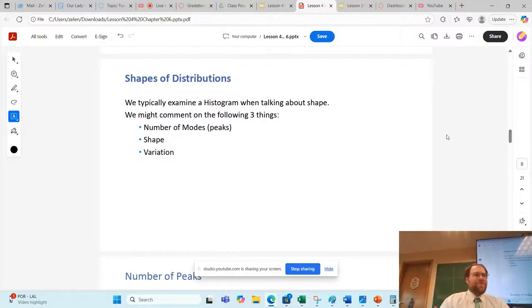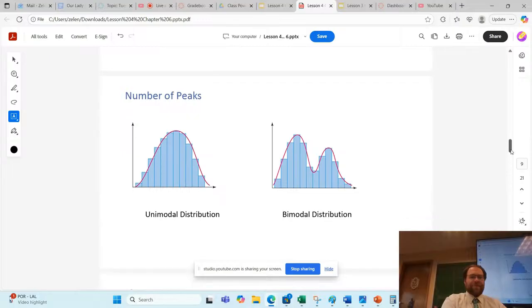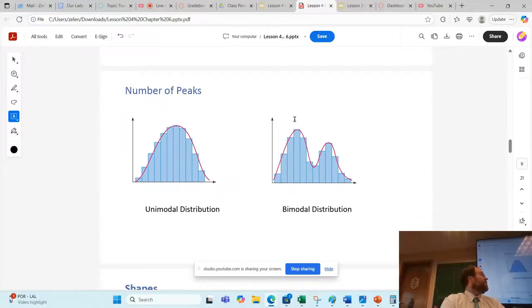Okay. From there, we're going to be talking about distributions. Typically, what the graphs look like, what it looks like to be normal, left skewed, right skewed, that sort of thing. Number of peaks is always something that you'll want to keep in mind.